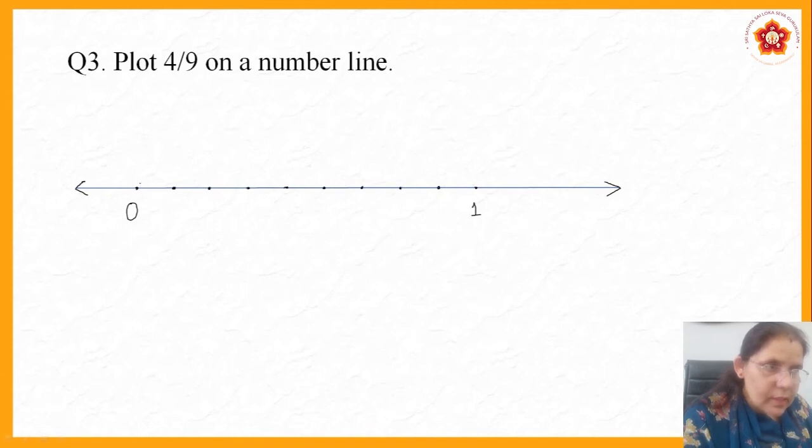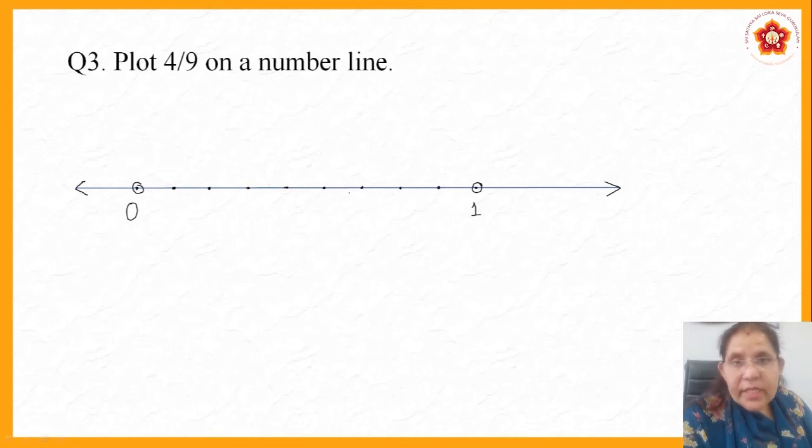So the 9th point is your 1. You can use your scale and maybe take all of them at 1 centimeter apart or half centimeter apart depending on the space that you have. Now see, have we divided it into 9 equal parts or not? How many points are there in between? 1, 2, 3, 4, 5, 6, 7, 8. 8 points are there.